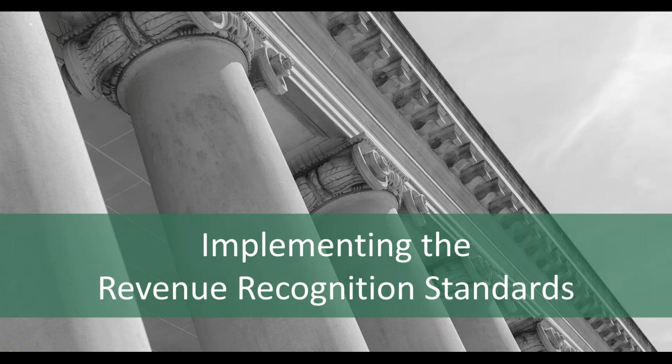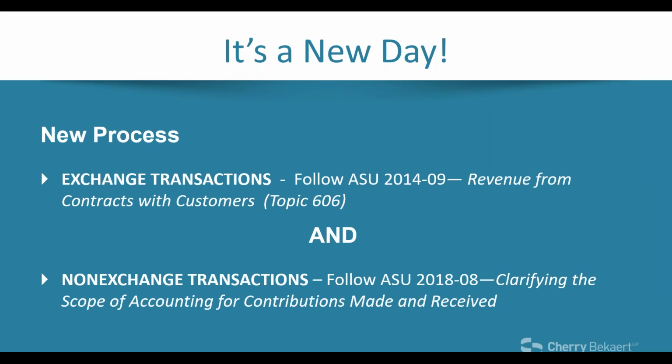All right. Now we're going to go through how we implement the revenue recognition standards and what the process should look like going forward. So it is a new day. For all not-for-profits, the new process is going to involve two key standards.